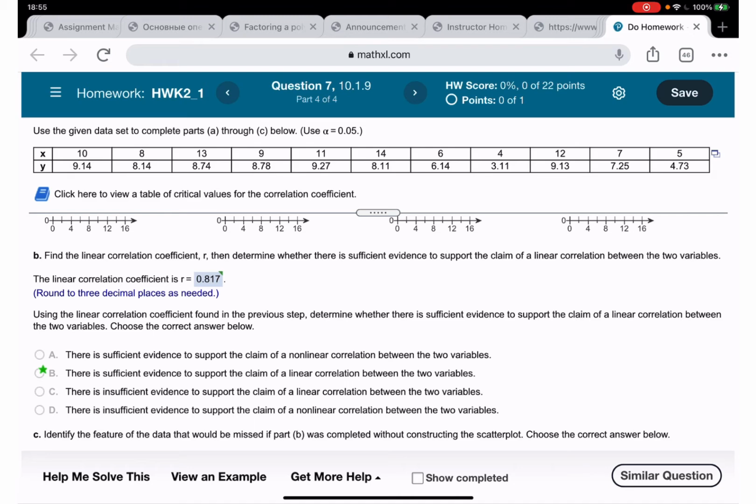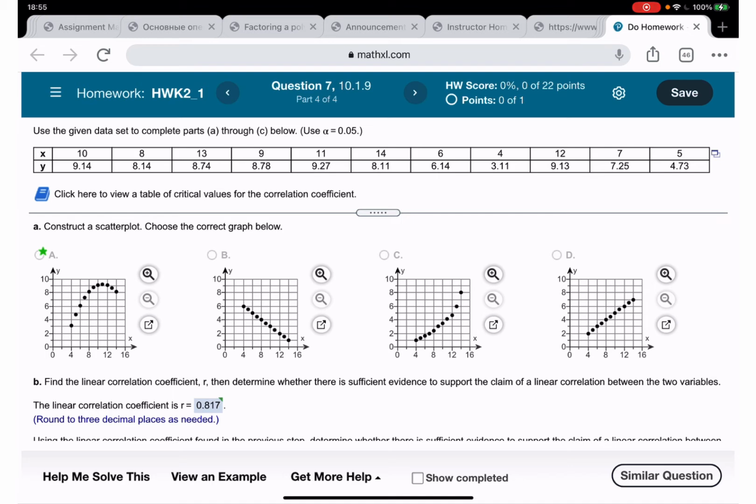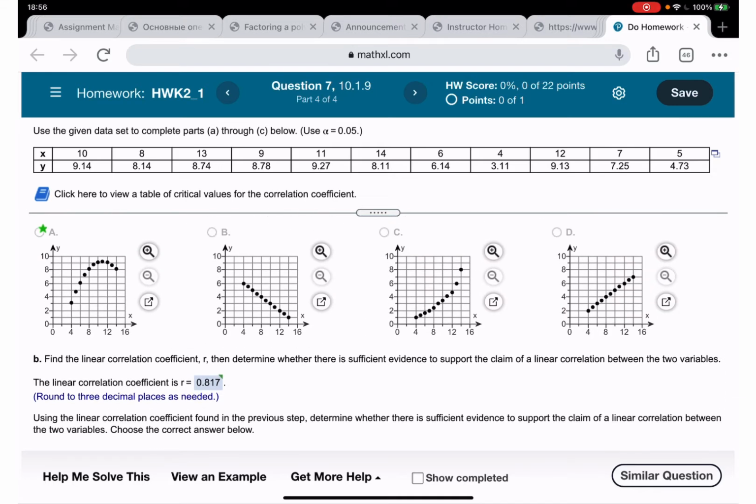Now you would wonder, how is it sufficient evidence of a linear correlation when you have a parabola here? The question is true, but let's see. It says linear, it doesn't say positive or negative.